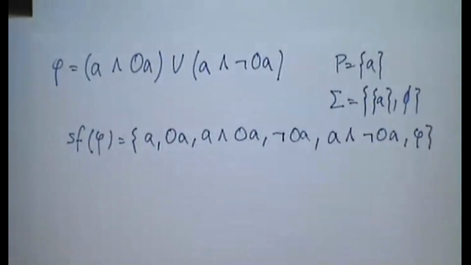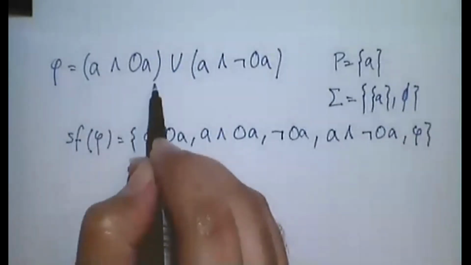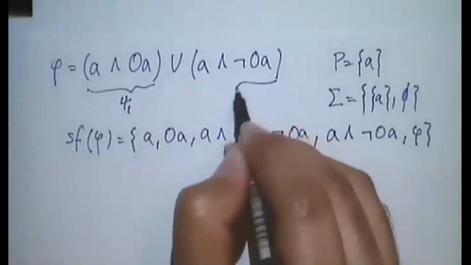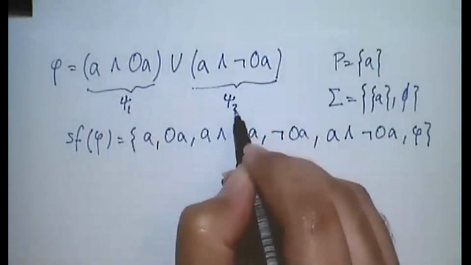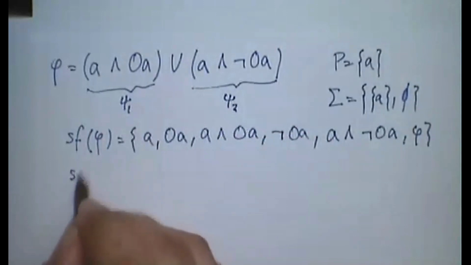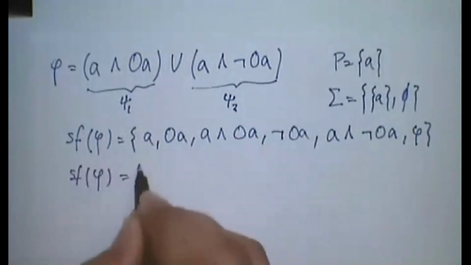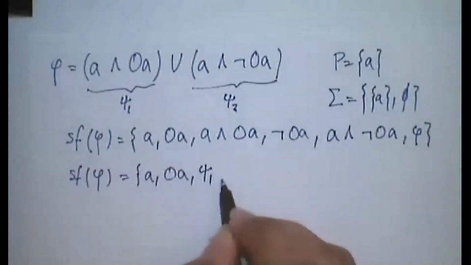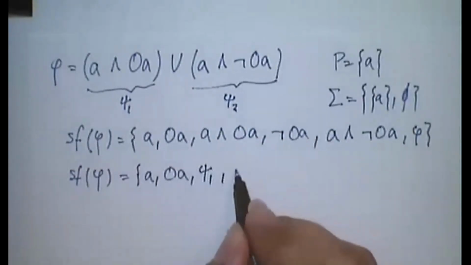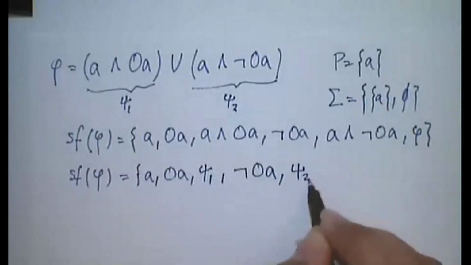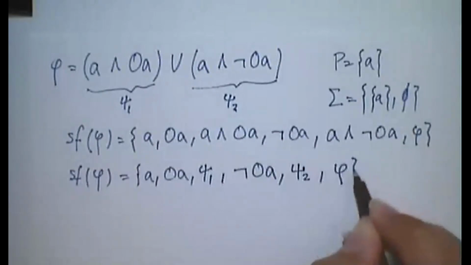Just to save space, I'm going to call this one psi1, and I'm going to call this one psi2. So my subformulas again are now A, next A, psi1, not next A, psi2, and phi itself.